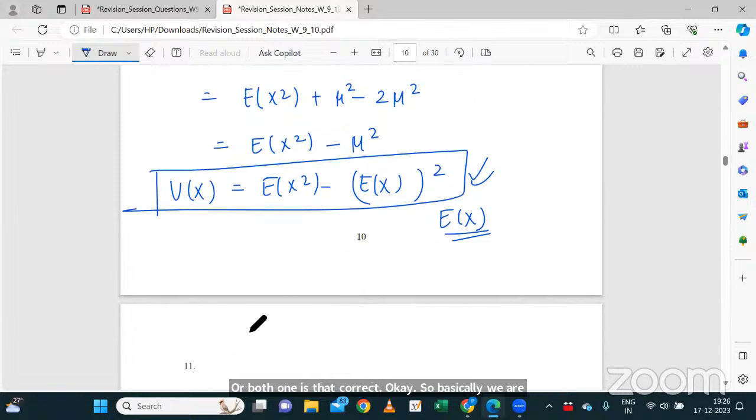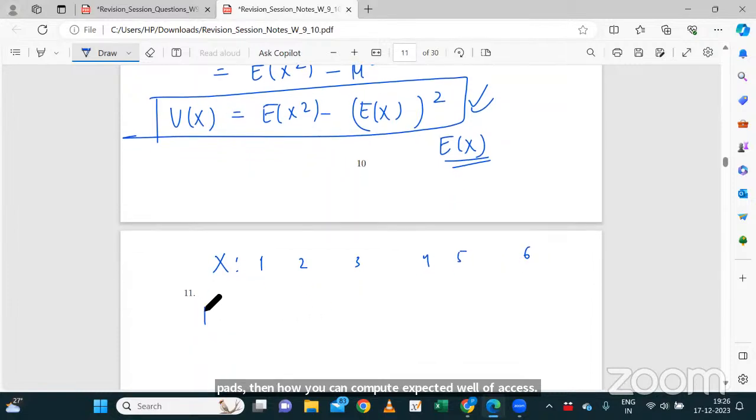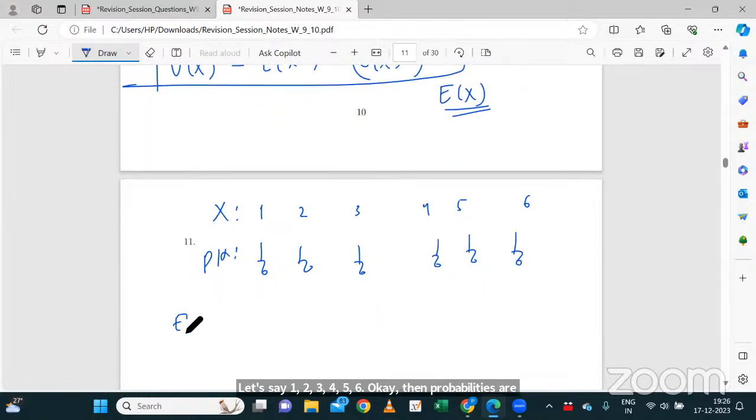Basically we prefer this one because we have the expected value of x. Then how can you compute the expected value of x square? Suppose x takes the values 1, 2, 3, 4, 5, 6, with probabilities 1 by 6 each. What will be the expected value of x? It will be (1 plus 2 plus 3 plus 4 plus 5 plus 6) times 1 by 6, right?